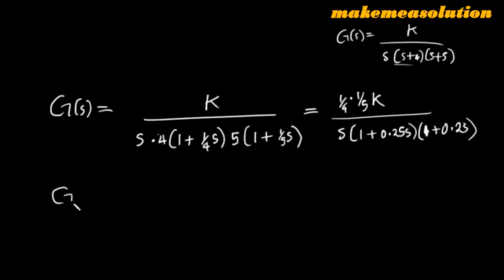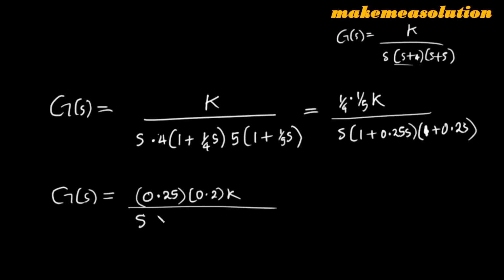Is that okay? So my G(s) in the standard time constant form is 0.25 times 0.2 K divided by s into (1 plus 0.25 s) into (1 plus 0.2 s).